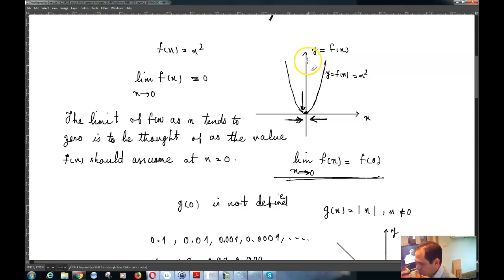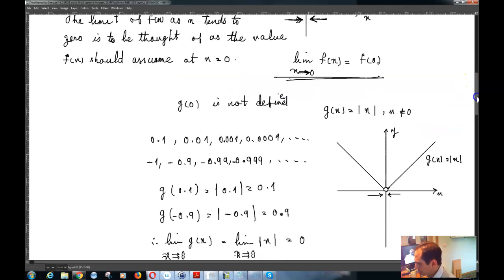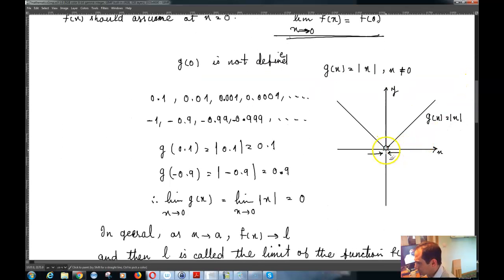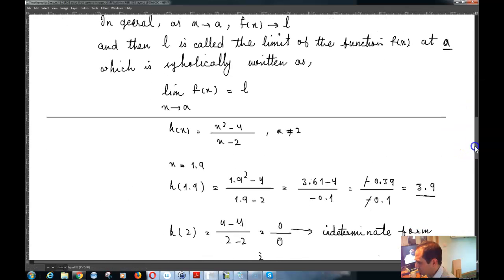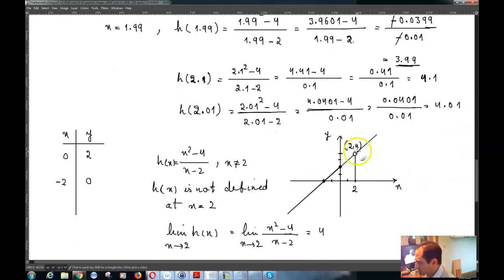So you say that the limit of f of x when x tends to 0 is equal to 0. In this example as well, it doesn't matter from which side you get closer to 2; at that point f of x is getting closer and closer to 4.